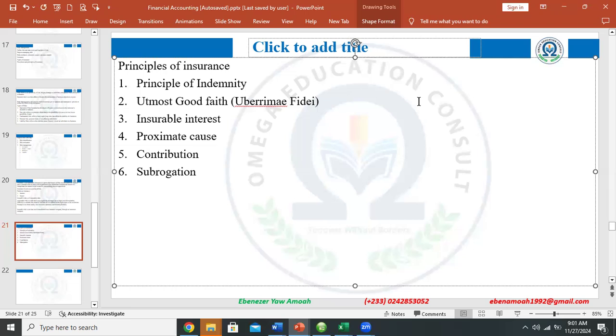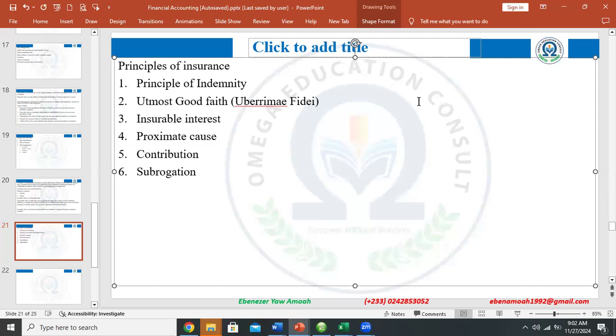The rest is up to the insurance company to take measures, maybe to find the person who stole the car, and if they're able to retrieve the car, they can sell it to defray the earlier compensation they have made to you. So it means that the insured has no business with the property or the asset after he or she has been compensated fully by the insurance company.